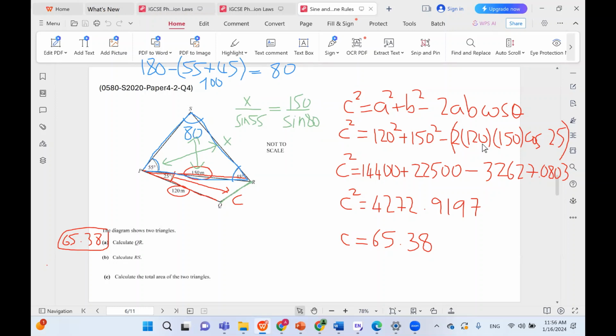So let's get sine 55. Sine 55 is 0.81915, so 0.8192 to at least 4 decimals. And then sine 80 is equal to 0.9848.